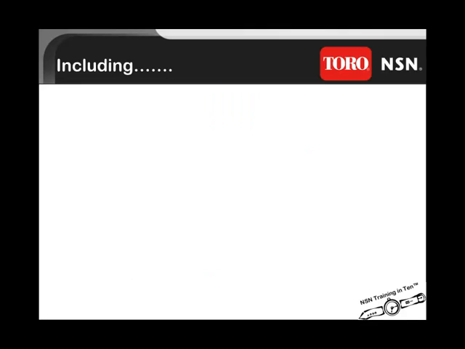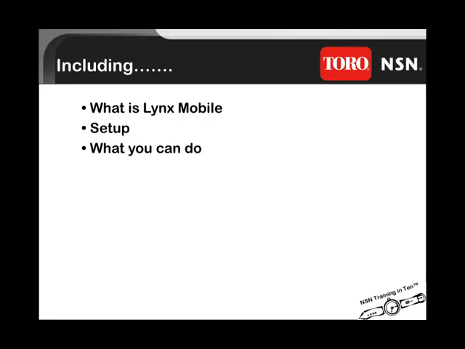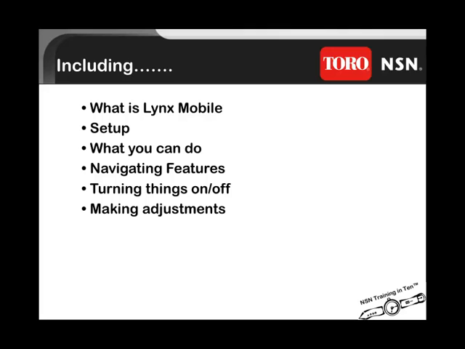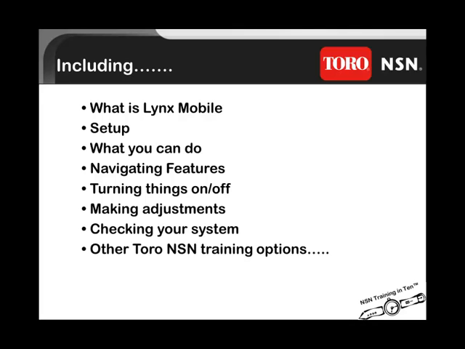This training module will cover topics including an explanation of what Lynx Mobile is, how to set up the Lynx Mobile service, what you can do using Lynx Mobile, the navigation features of the service, how to turn things on and off with Lynx Mobile, making adjustments, as well as troubleshooting and checking your system using the service, and other NSN training options that are designed to help you become a better manager of your Toro Lynx control system.